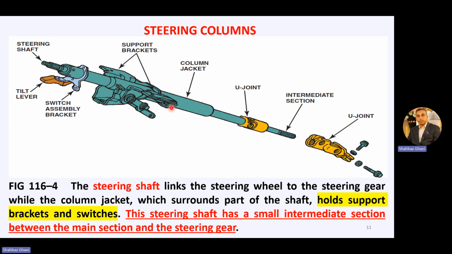Then we have this column jacket in which the steering shaft runs. At one end of the steering shaft we have a U joint, connected with an intermediate section, and the other end of that shaft is connected with another U joint, which is attached to the steering gear here.